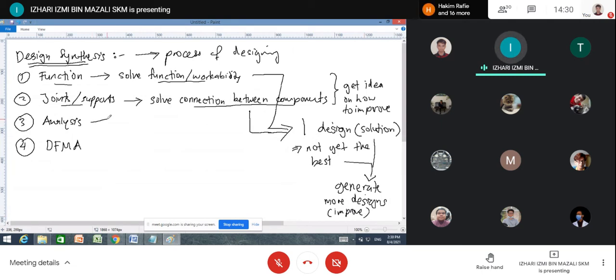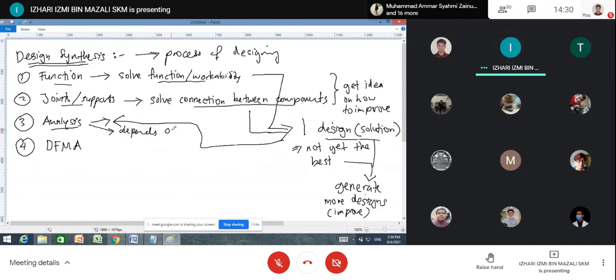And then you do analysis. In this case, from here, one design, you can go to generate more designs, or you can go here, analysis. You can analyze it. In order for us to analyze, we need to have the joints and support, because the analysis really depends on the joints and support.